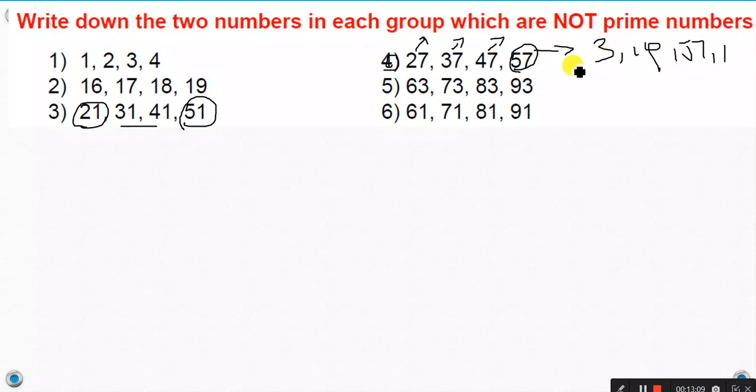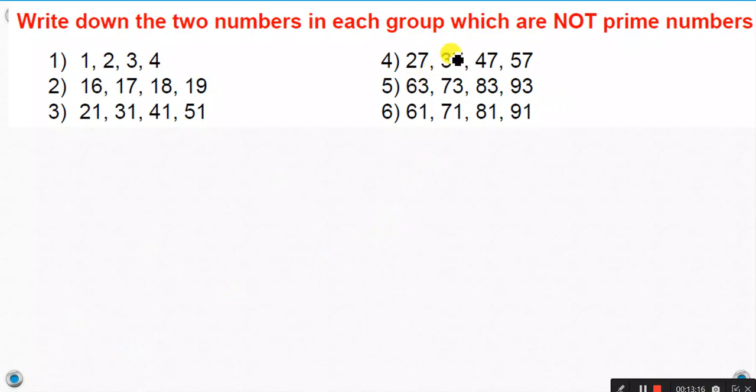So it has more than two factors, it does not have exactly two factors, so it is not a prime. From here, the only prime numbers are 37 and 47. 27 and 57 are not prime numbers.